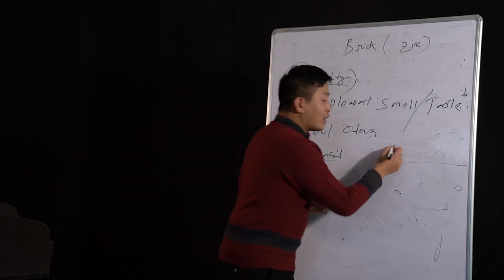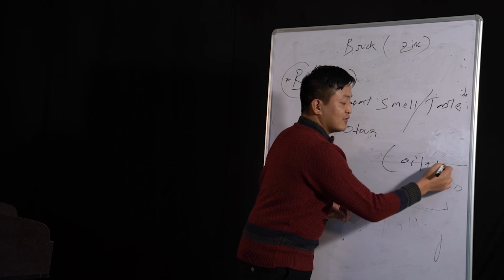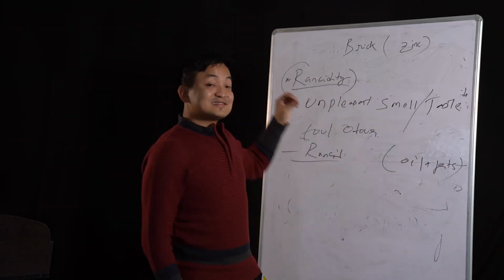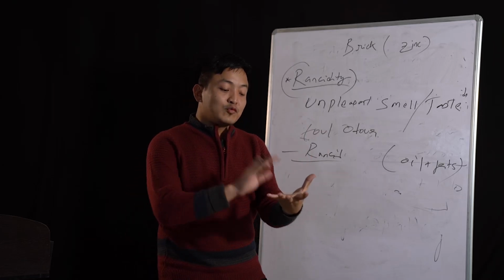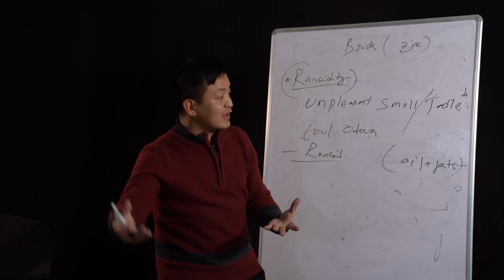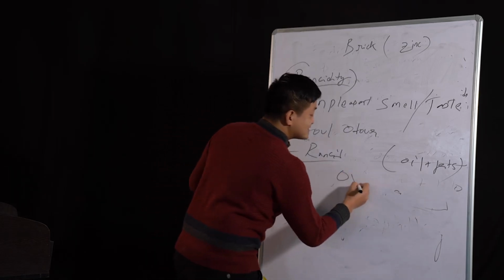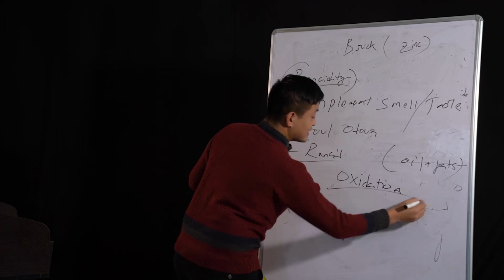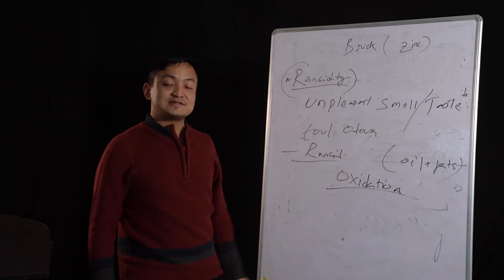Because the oil and fats, okay, fats. Oil and fats are present in the food. And when they are exposed to the air, oxidation takes place. In other words, they get oxidized.